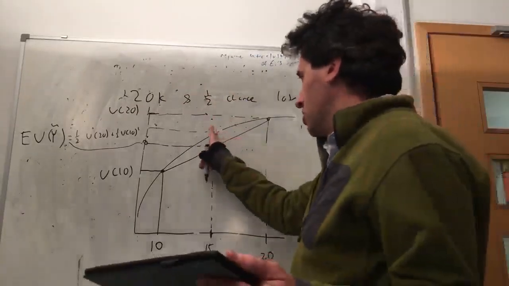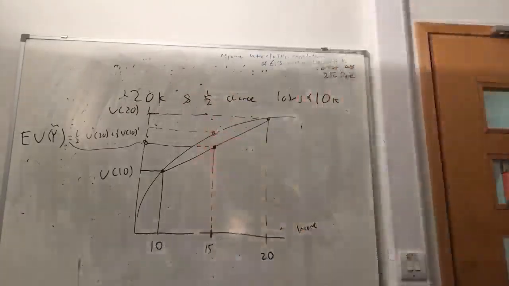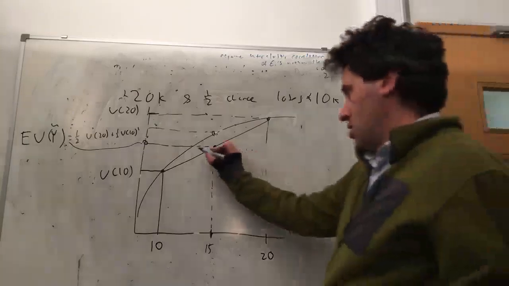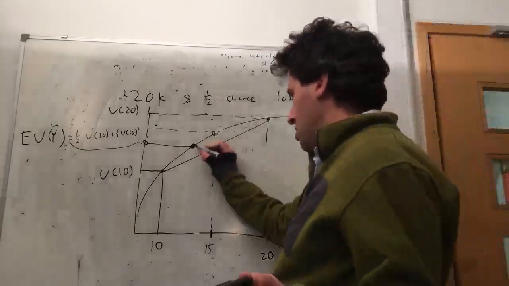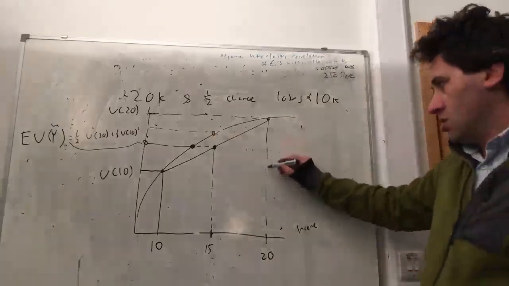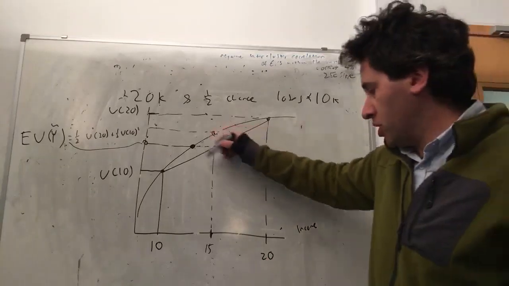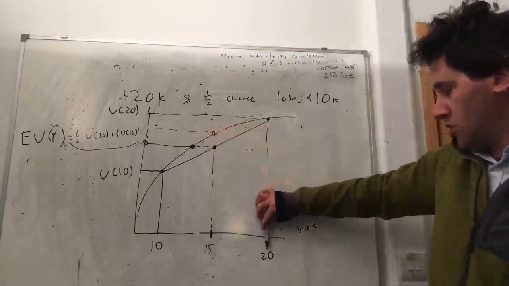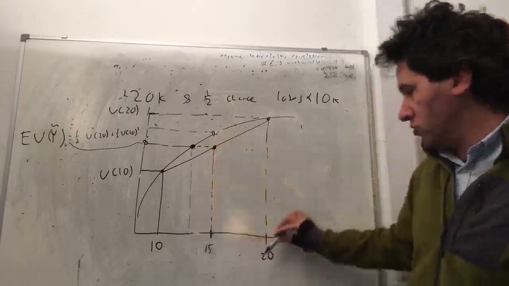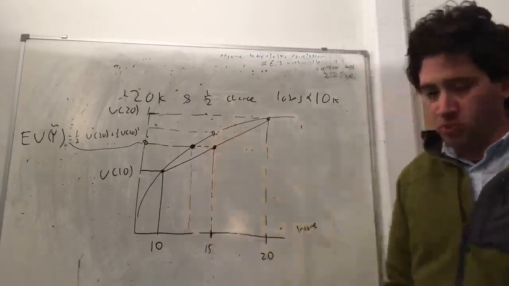We also could consider what is the most they would be willing to pay for insurance. Well, it would be the insurance cost that would take them to this point. In other words, it would be however much it is that takes you from 20 to this point.